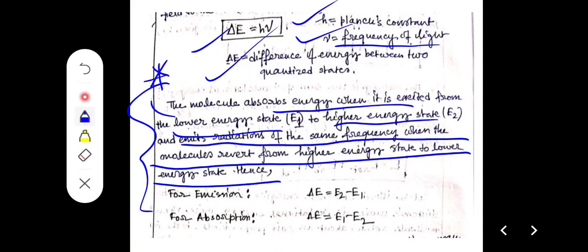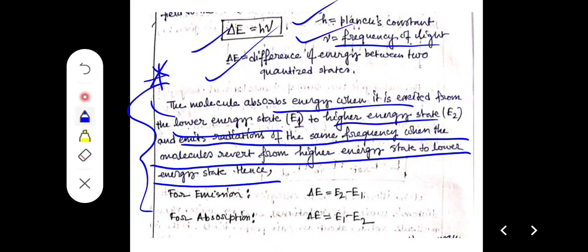When a molecule jumps from lower to a higher excited state, can you answer why? Because the molecule or electron or atom absorbs some amount of radiation. Okay, due to this they get excited, so they have enough energy, so they jump from ground state or lower excited state to the higher excited state.